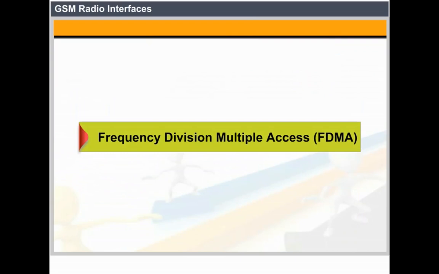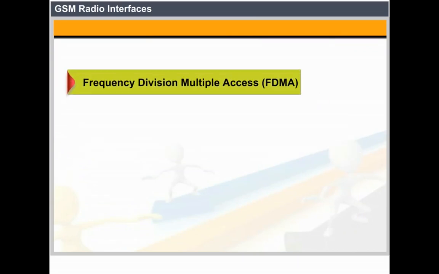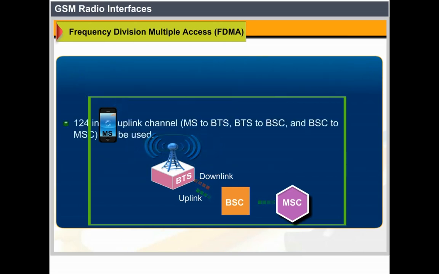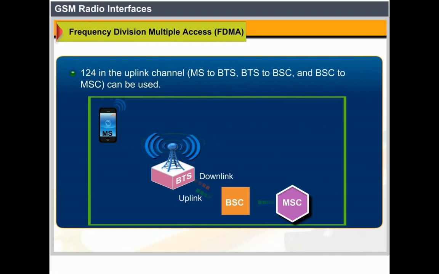A set of maximum 124 radio carrier channels, each of 200 kHz bandwidth, can be used in GSM 900 downlink channel, MSC to BSC, BSC to BTS and BTS to MS. 124 in the uplink channel, MS to BTS, BTS to BSC and BSC to MSC can be used.